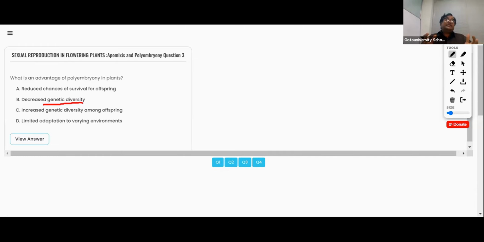So I need that South African custard apple for many generations, so I can bring the polyembryonic condition for that particular plant by using different types of genetic engineering techniques.